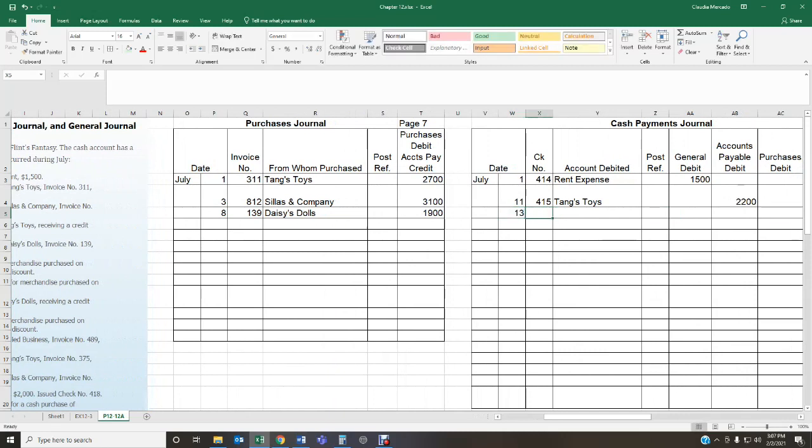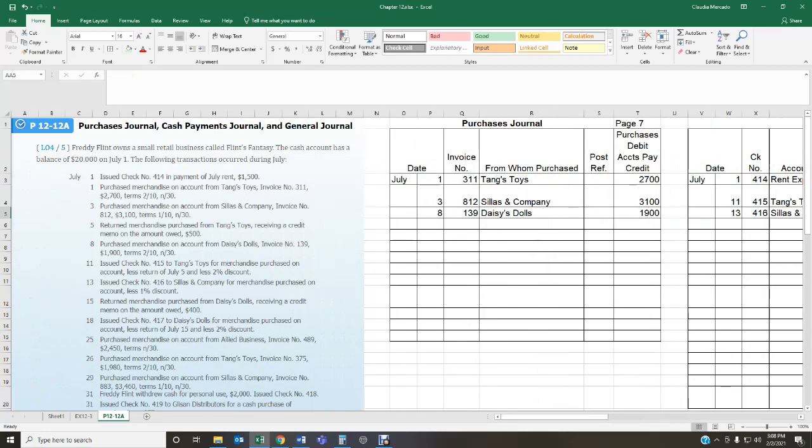So on the 13th, we've got check number 416, and it's payable to CS and Company. The amount of the payment was for the transaction of the purchase of merchandise.